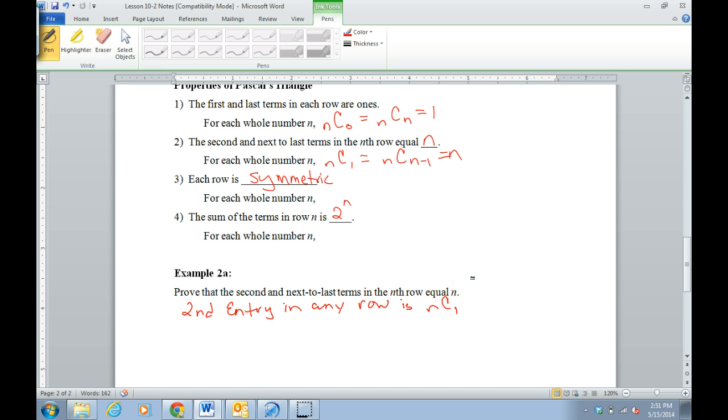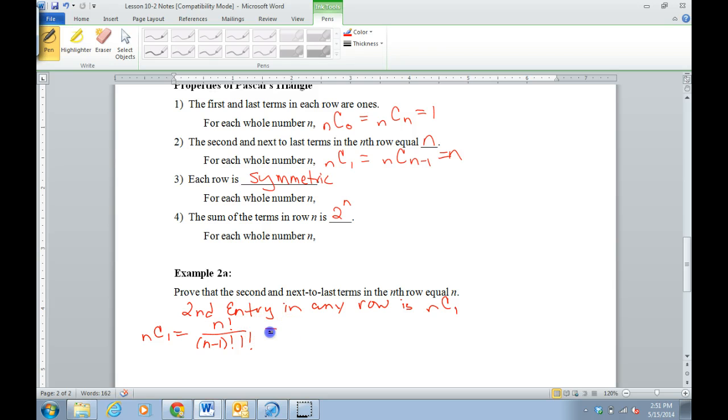Doesn't matter what row it is, it's going to be that row number, choose 1. So let's put this into our formula. n choose 1 is the same thing as n factorial over n minus 1 factorial and 1 factorial, correct?